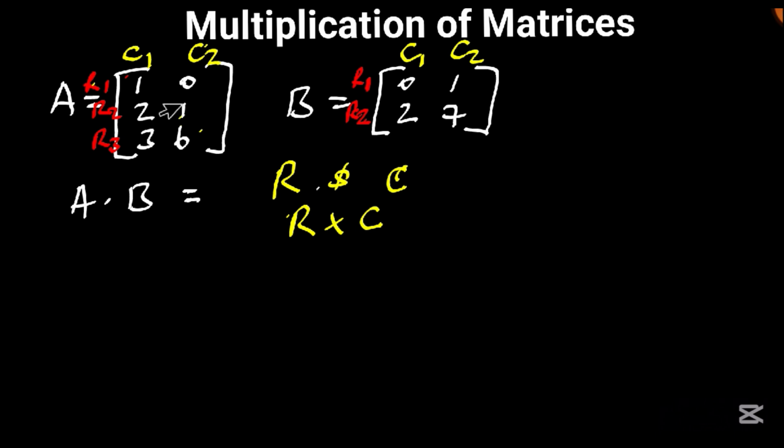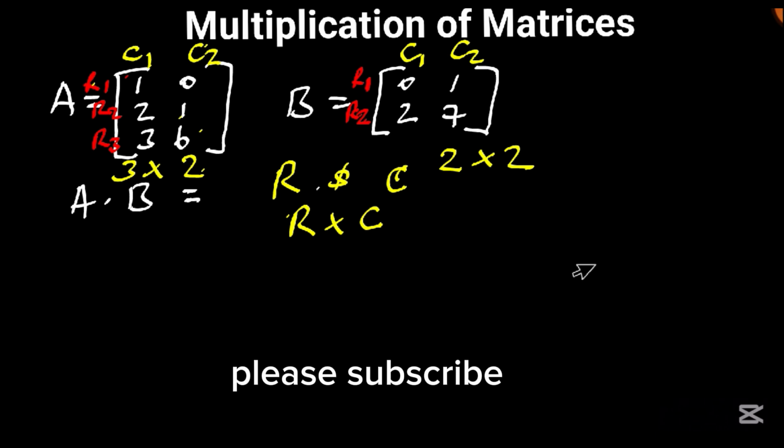So matrix A has 3 rows and 2 columns. And matrix B has 2 rows and 2 columns, so this is a 2 by 2 square matrix.